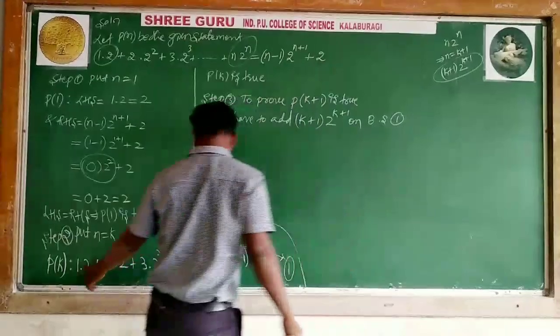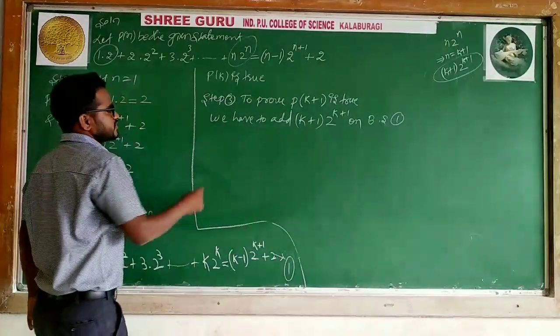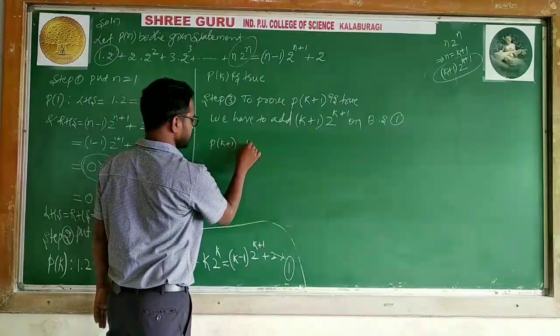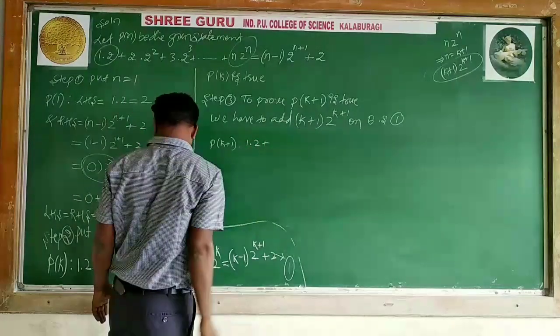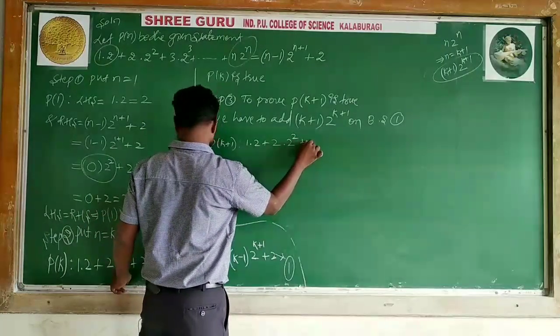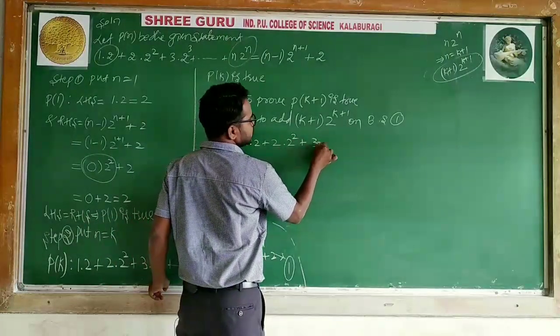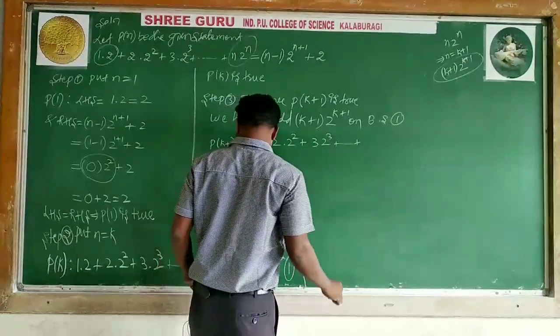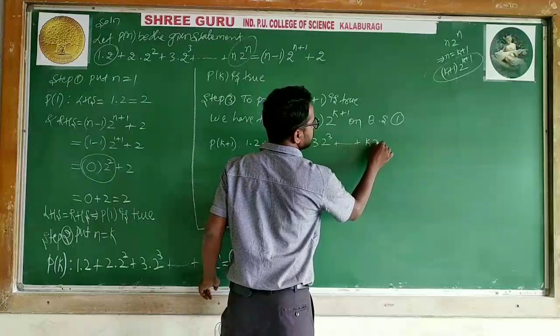What is equation 1? P of k: 1 into 2 plus 2 into 2 square plus 3 into 2 cube plus up to k into 2 to the power k.